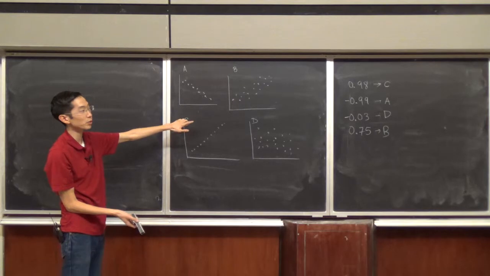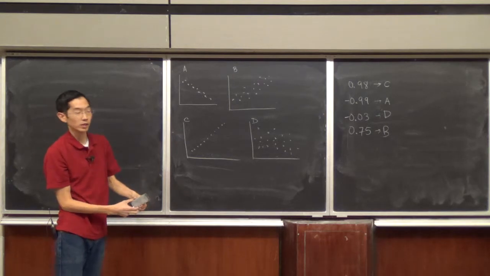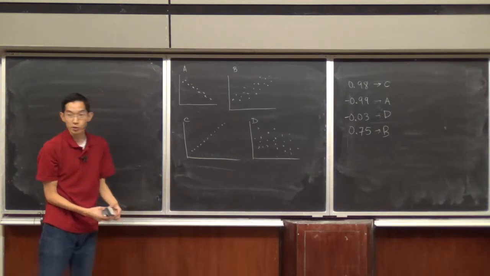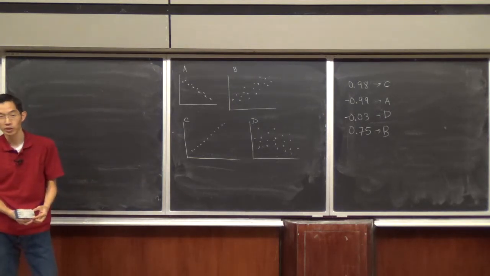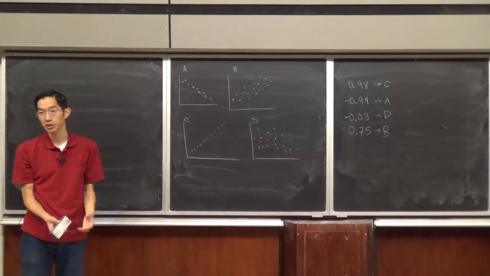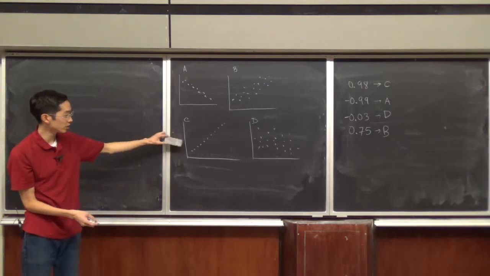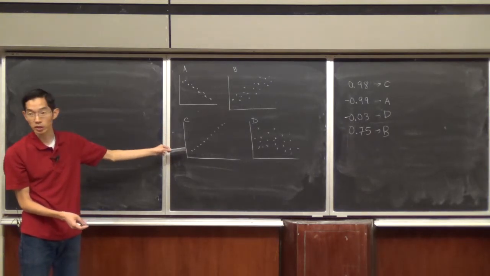Okay, what's our rule for describing strength? For correlation, if the relationship is strong, R is going to be far from 0. And if the relationship is weak, R is going to be close to 0. So would we say the relationship here is strong or weak? It's strong. How do we know it's strong? Because it's straight.